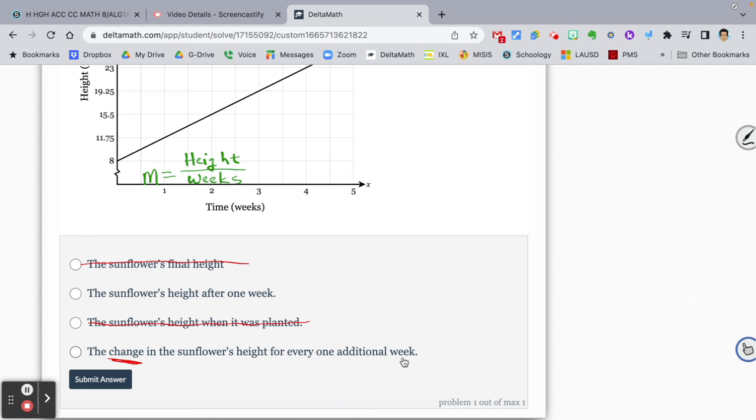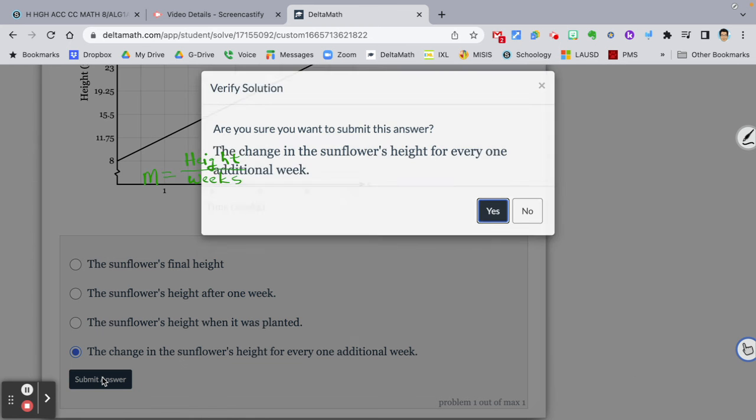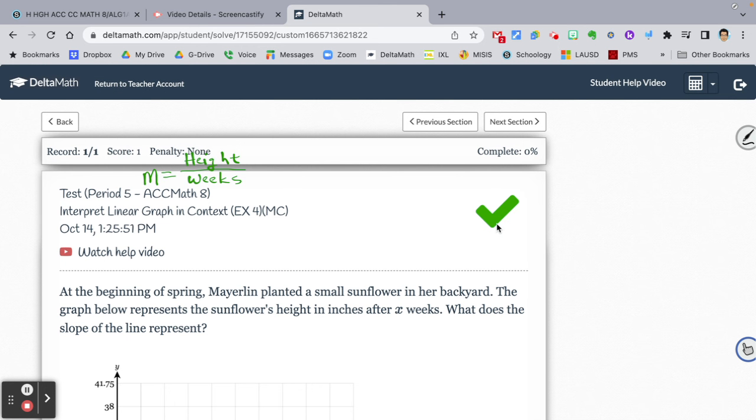But also the question said weeks and not just 1 week. So let's say the last one. So make sure you look for those keywords: change, every. That will be a clue that you're looking for the slope or rate of change. Okay, let's go with that one. And we got it.